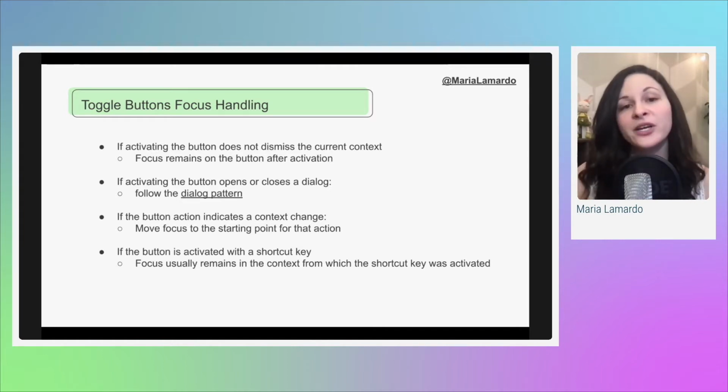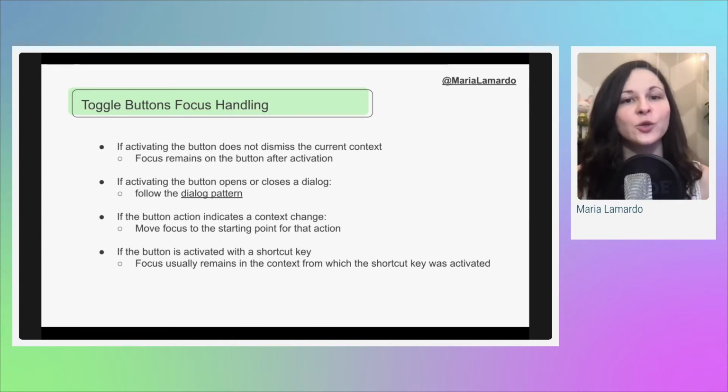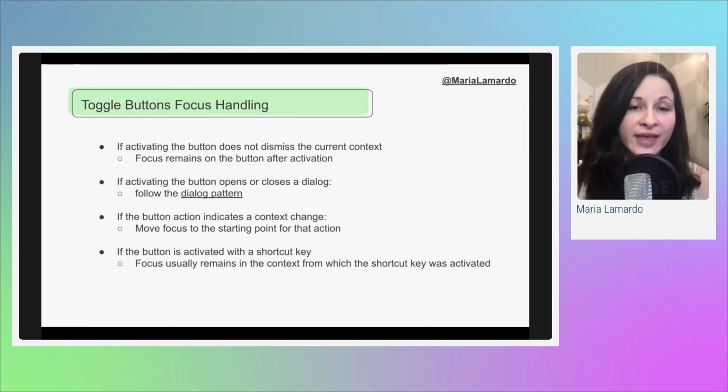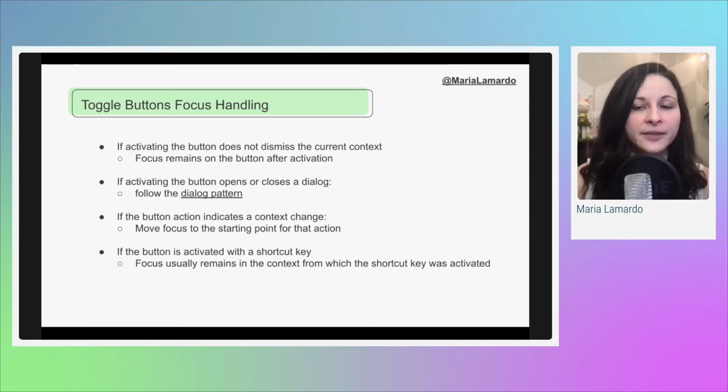If this button opens or closes a modal dialog, then you should follow those standards for how focus is handled for a modal dialog. If the button indicates a context change, then the focus should move to the starting point of that action. If the button is activated with a shortcut key, then the focus should remain in the context from which the shortcut key was activated.